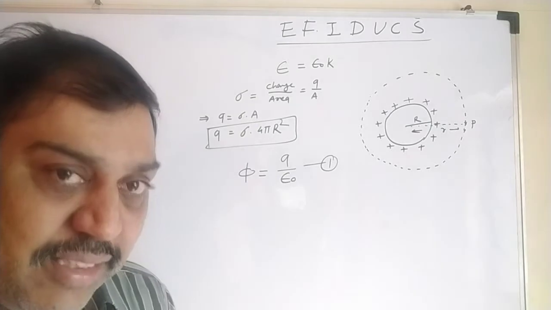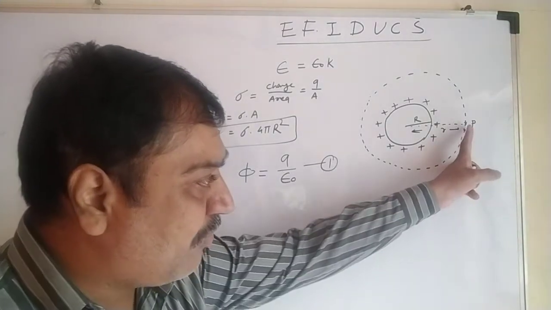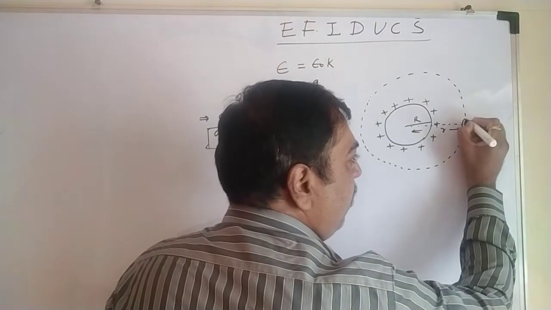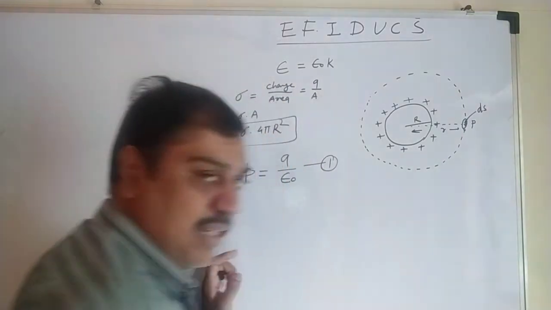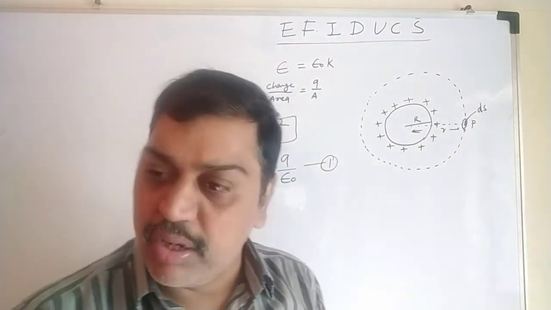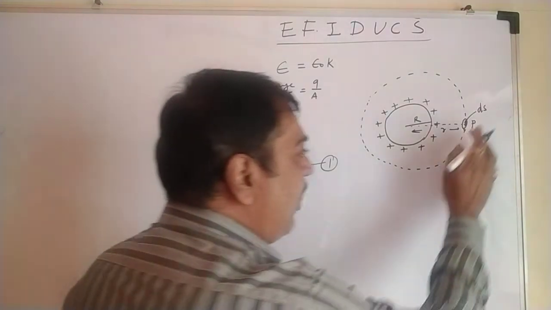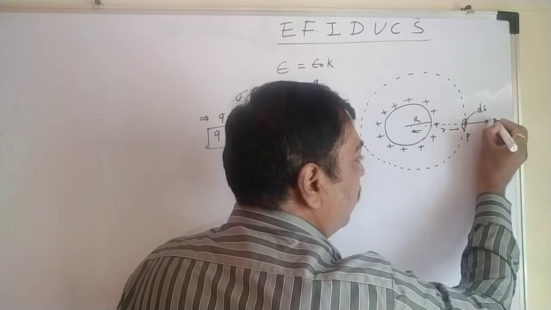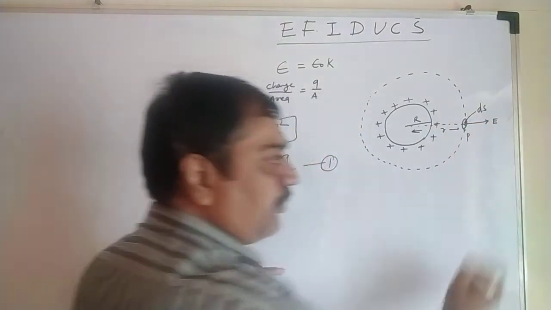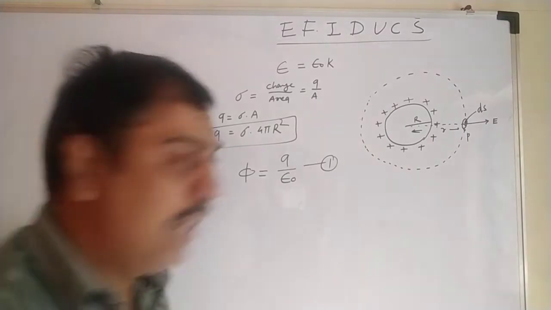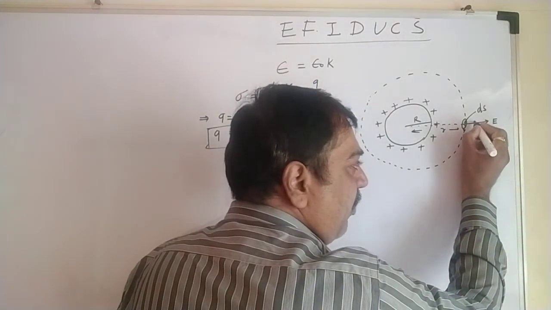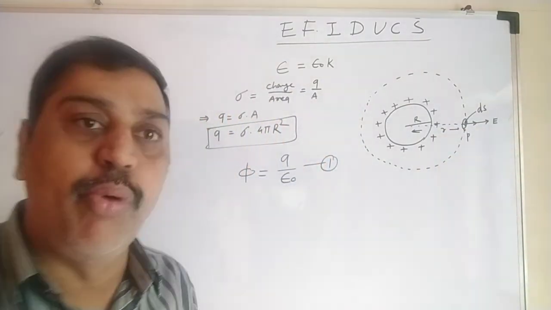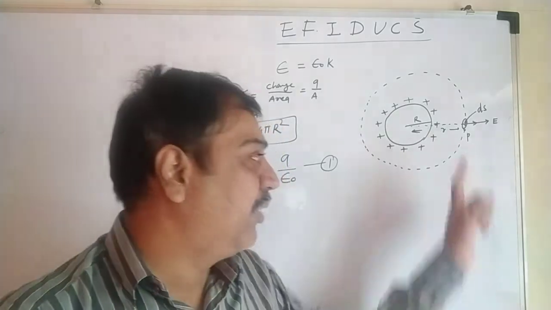Now let us consider that the point P is somewhere here. Let us consider a small area on which the point P lies, and that area is ds. Let us draw the perpendicular to area ds, that is the electric field vector E. Both of them are coming outward and perpendicular to the surface ds.